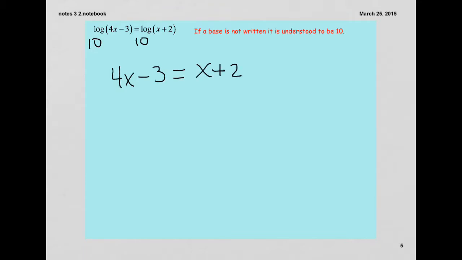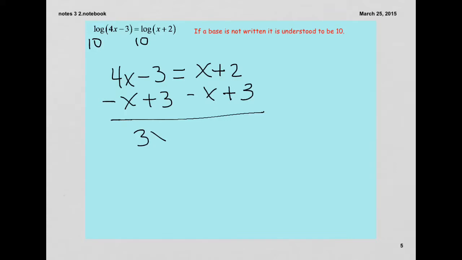And then I just solve the equation. I'm going to subtract x from both sides, and I'm going to add 3 to both sides. That gives me 3x equals 5. Divide both sides by 3, and x equals 5/3.